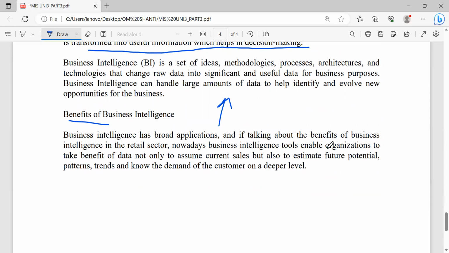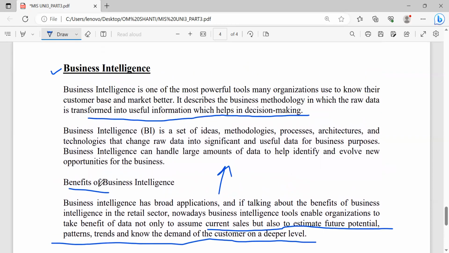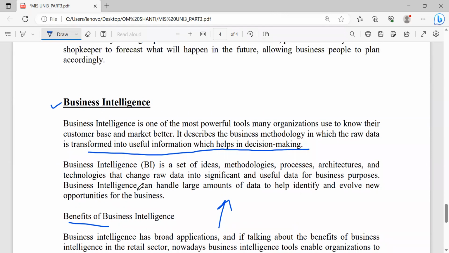If talking about the benefit of business intelligence in the retail sector, nowadays business intelligence tools enable organizations to take benefit of data, not only to assess the current sale but also to estimate the future potential, pattern, trend and know the demand of the customer on a deeper level. If we use business intelligence, then definitely we will increase the business. Each and every organization is using business intelligence nowadays to grow their business.